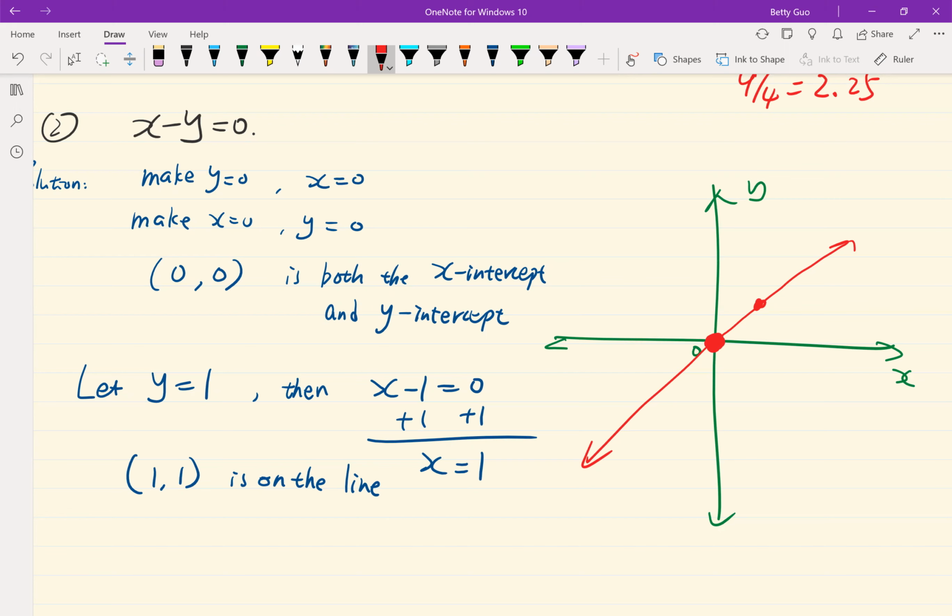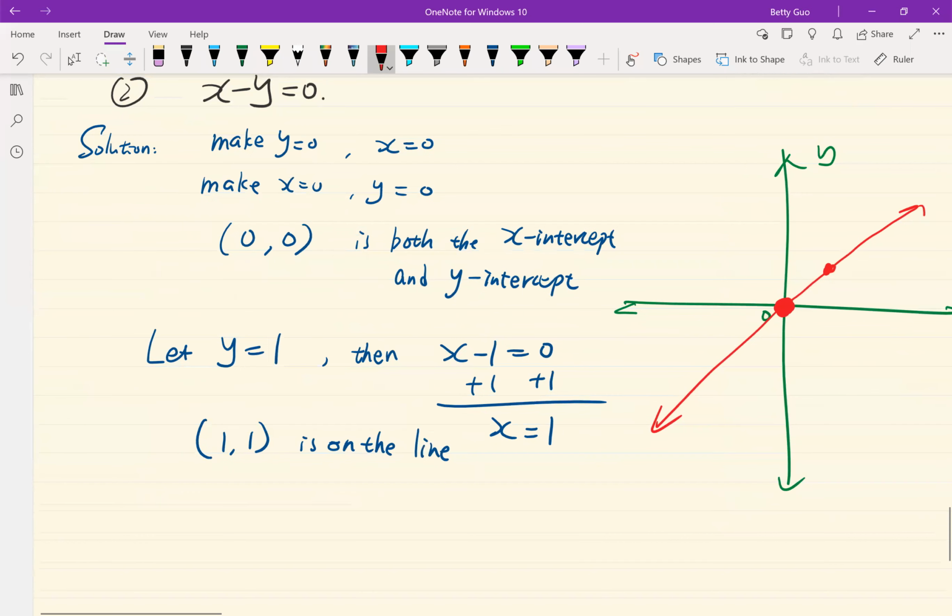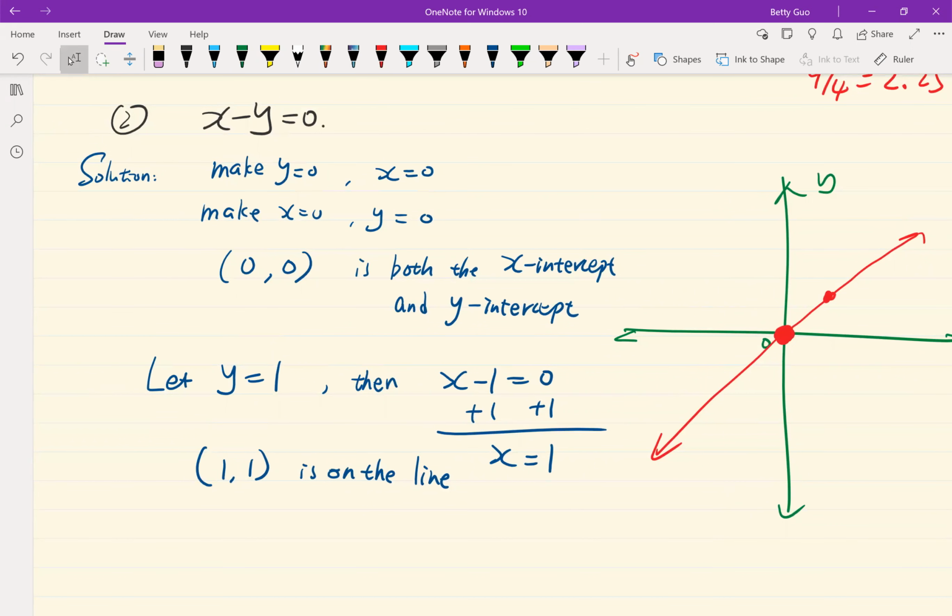This straight line is the bisector of quadrant 1 and quadrant 3. This is 45 degrees, and this is 45 degrees. Sometimes this happens: when the straight line passes through the origin, both the x-intercept and the y-intercept are the origin.